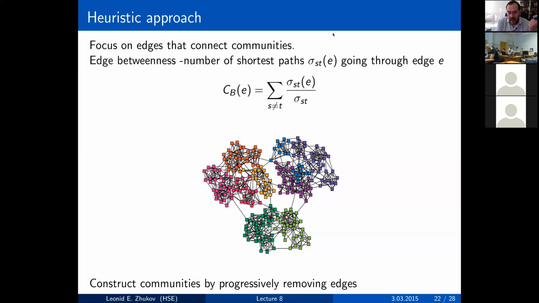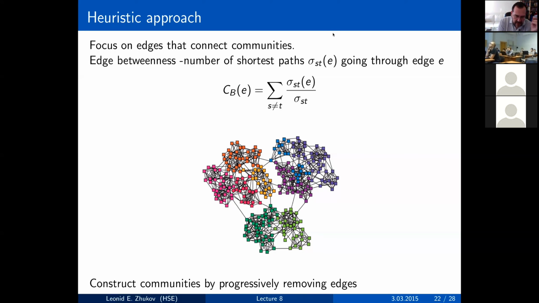So the idea is the following. What we're doing is we're actually trying to find the weak edges between communities. So we're trying to find those places in the graph that are weakly connected. The way to think about it is the following.